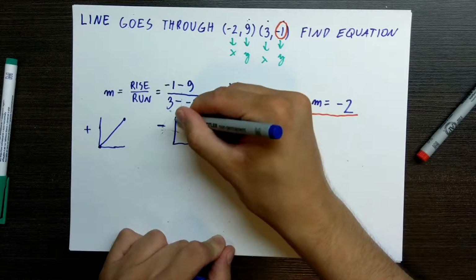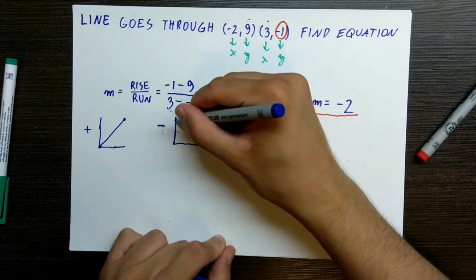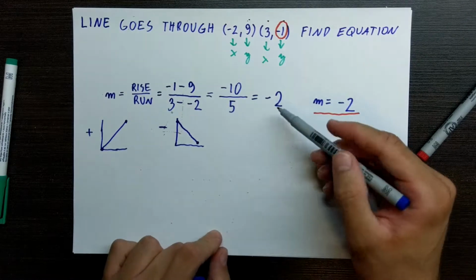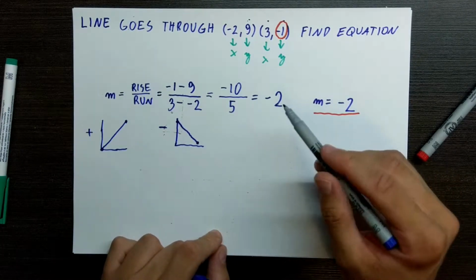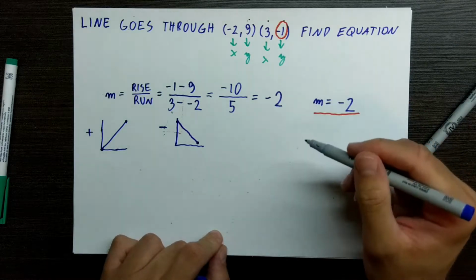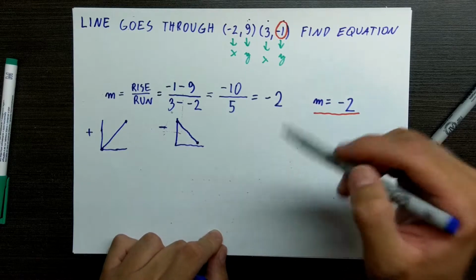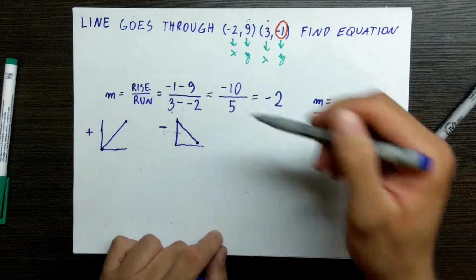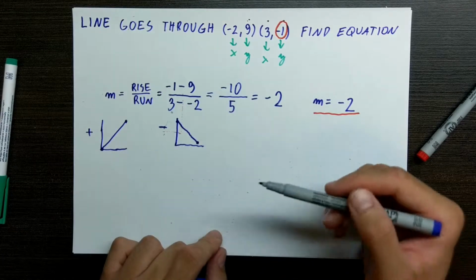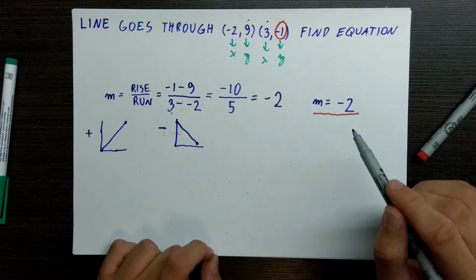The beginning point is higher and the end point is somewhere here, lower. So it goes this way. So -2 gradient is a similar change, the same steepness of the line, but the line goes the opposite way. It goes down if it's negative. If it's positive, it goes up, like so. So here the gradient is -2.